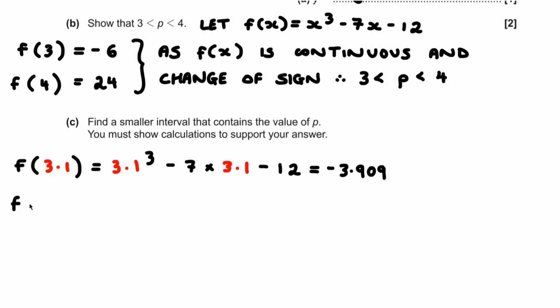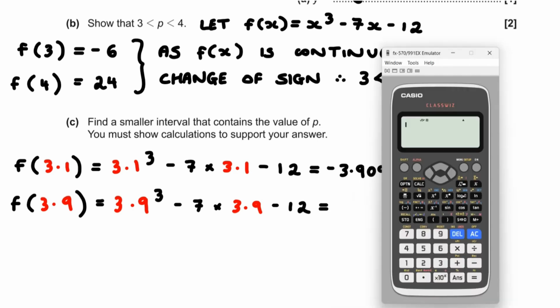And if I work out what f of 3.9 is, I would have 3.9 cubed, subtract 7 times 3.9, subtract 12.